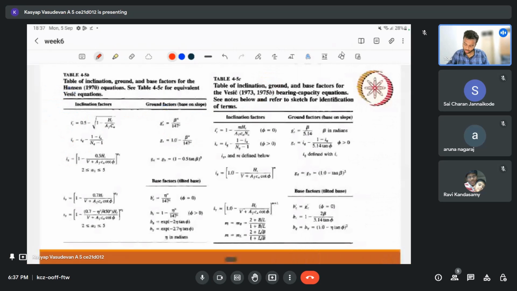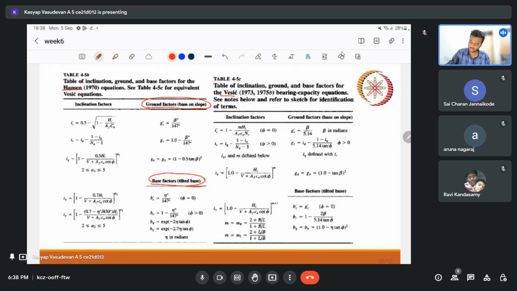As I told you before, we have ground factors as well as base factors. Ground factors are used for slopes when the ground level is a little inclined. Base factors are used when the base of the footing is tilted. For both Hansen and Vesic, we have these factors.